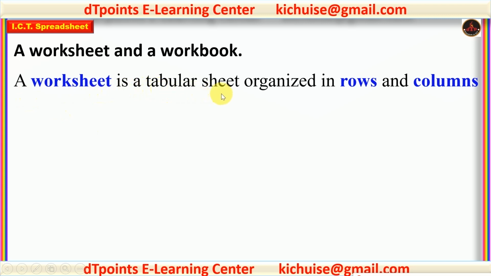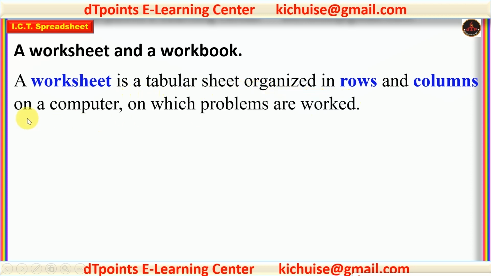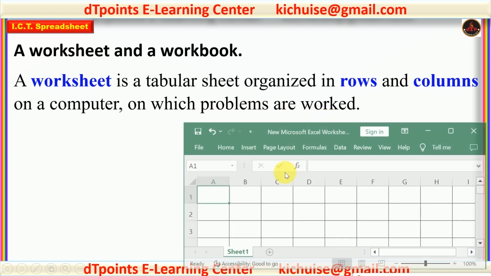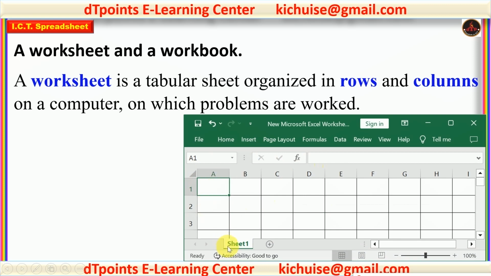A worksheet is a tabular sheet organized in rows and columns on your computer, on which problems are worked. Here we have just one worksheet, whereby all your problems can be worked. And here is a worksheet which can be within a workbook.